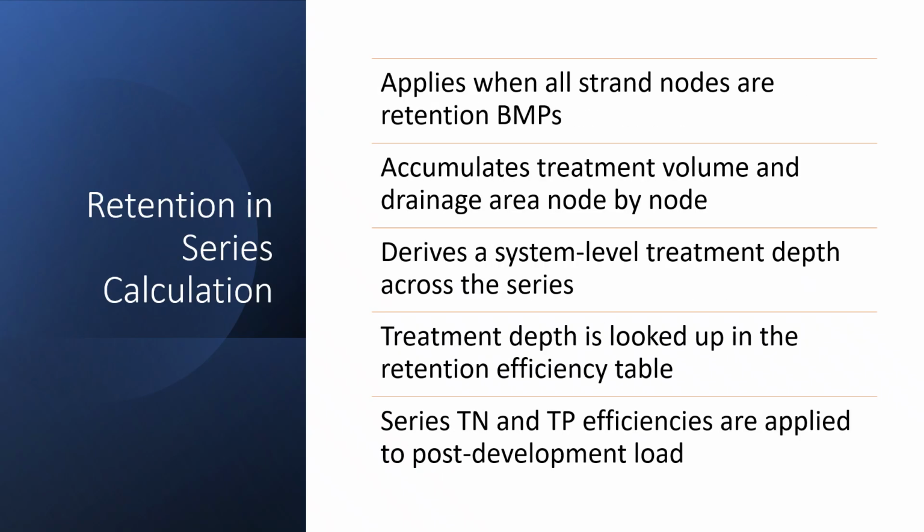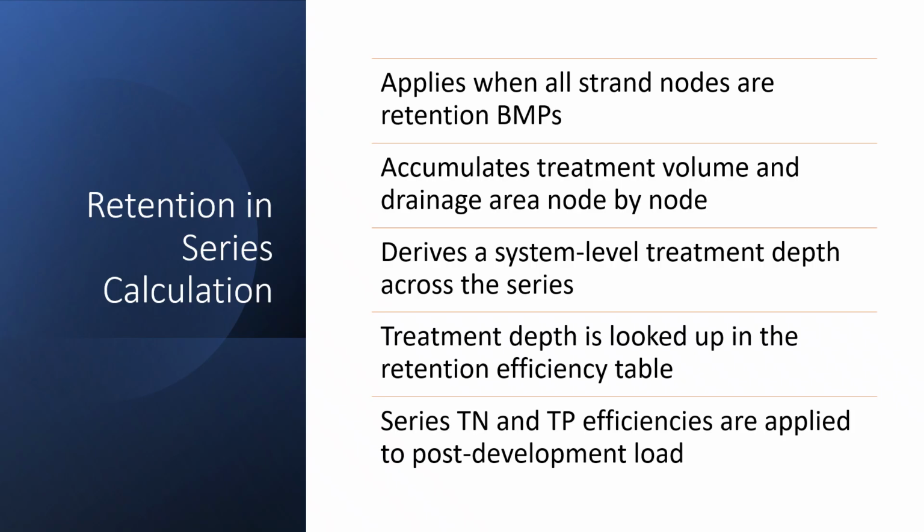When every node in a strand is classified as a retention best management practice, the retention in series method is triggered. As the calculation moves forward from node to node, it accumulates two running totals: the total retention volume across all the basins encountered so far, and the total contributing drainage area associated with those basins.